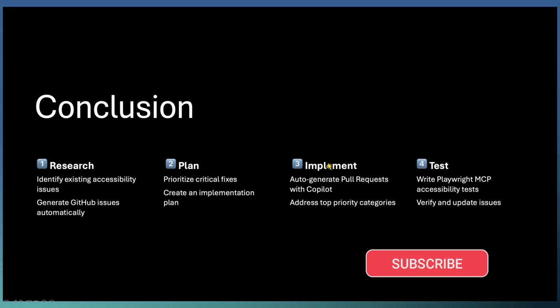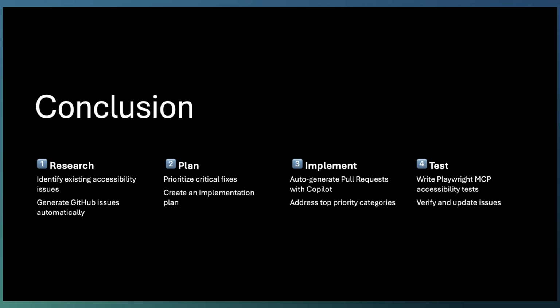Third, with the help of Copilot coding agent, we implemented the accessibility fixes for the high priority issues. Fourth, with the help of Copilot coding agent and Playwright MCP server, we generated the accessibility tests and verified the impact. In between, we took one more step to update the associated GitHub issues by analyzing the PR implementation and the issue descriptions.